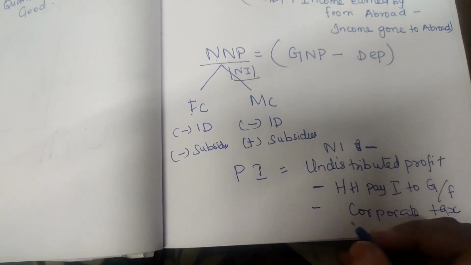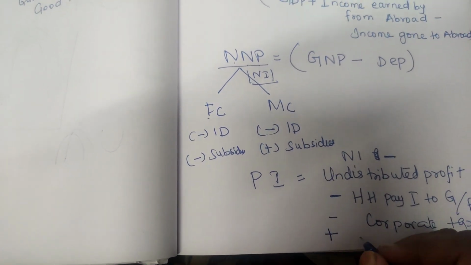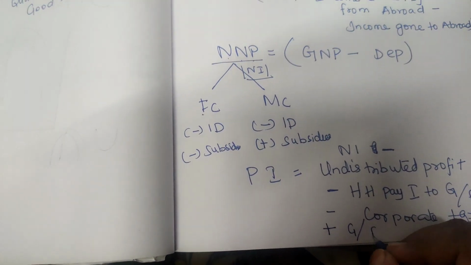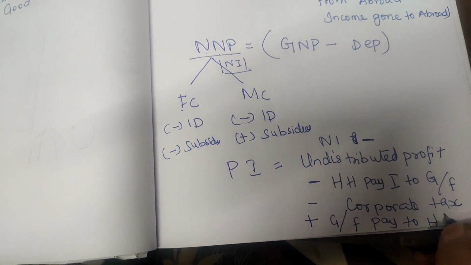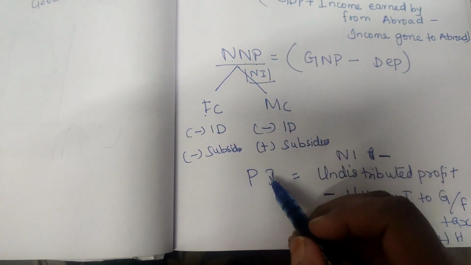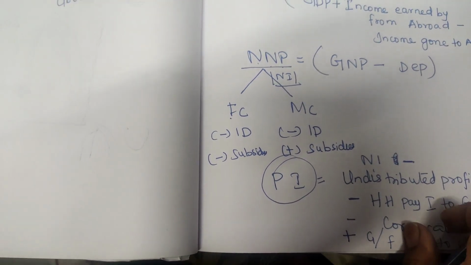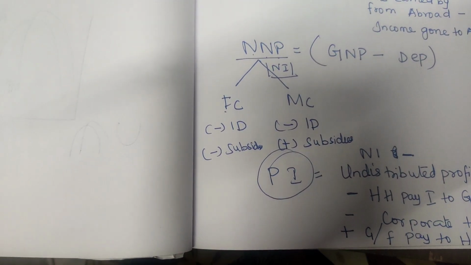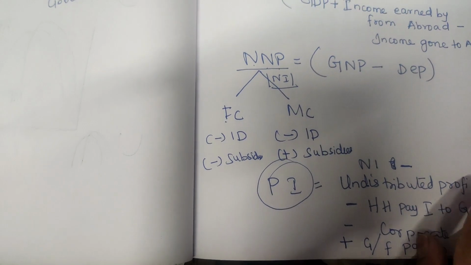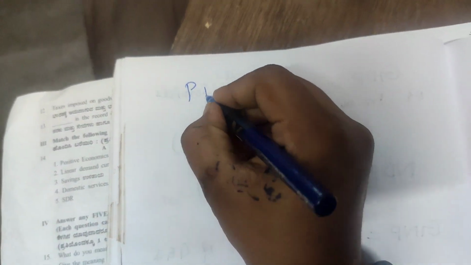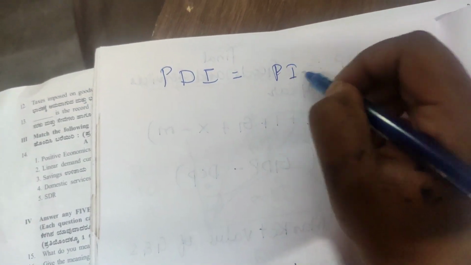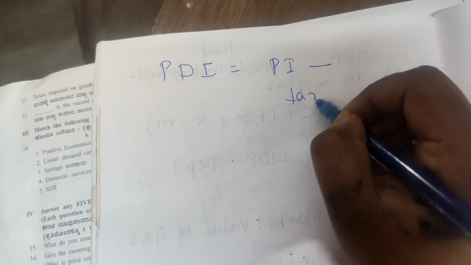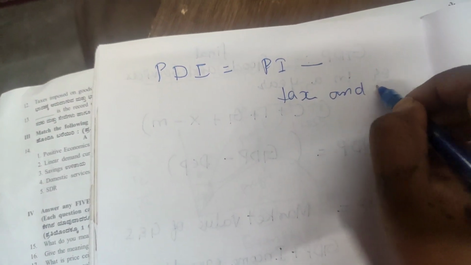Only one thing we add, which is interest paid by government and firms to households. By that we calculate personal income. After that, we need to calculate personal disposable income, which is personal income minus tax and non-tax payments.